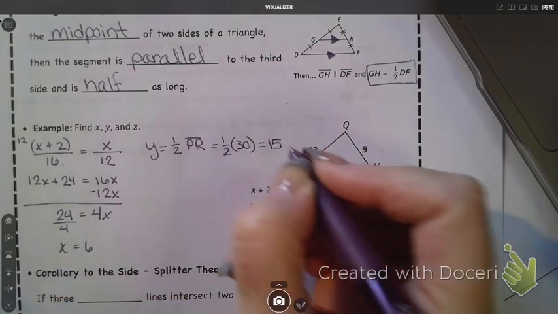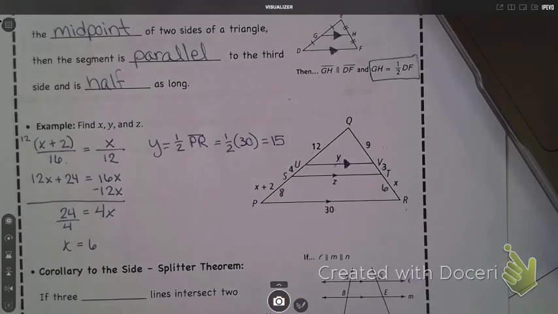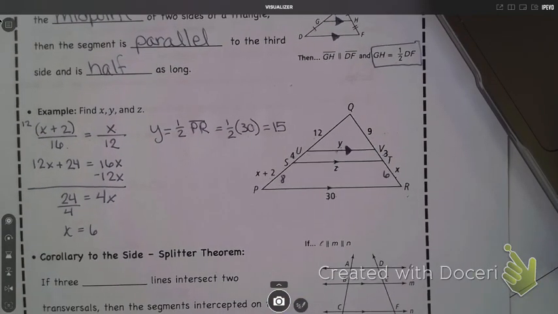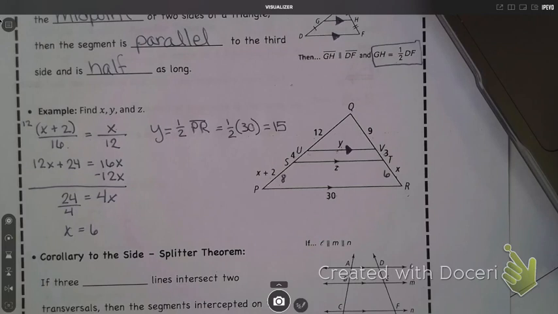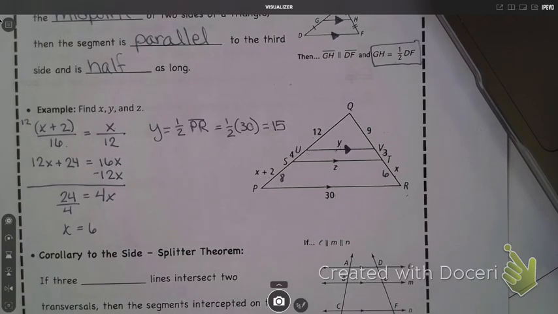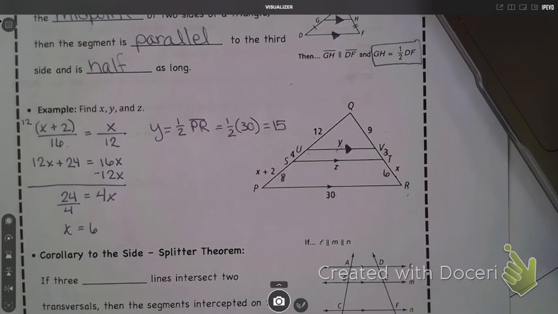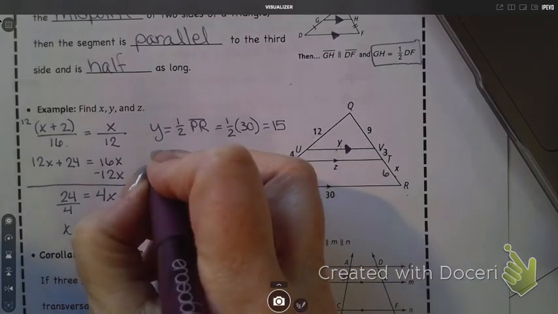Much easier than ratios, isn't it? Okay, well, z's not going to be that easy, is it? No, we're going to have to use ratios. Okay, so z over what?